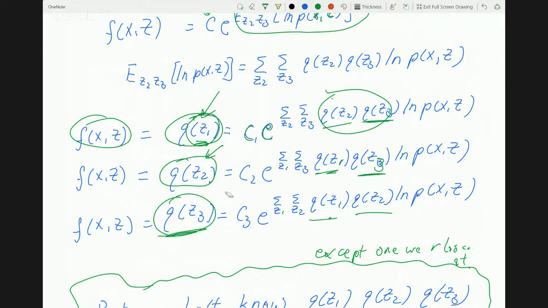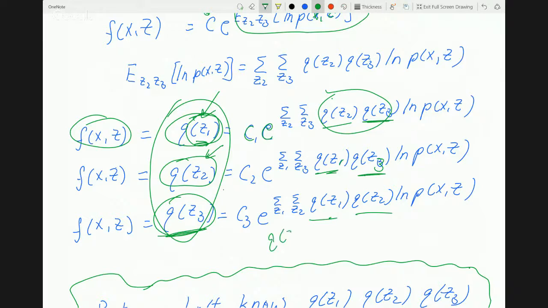Okay, so now we have a formulation that tells us each of QZ1, QZ2, QZ3. If we can find them, then we have QZ. Remember, QZ is equal to QZ1 times QZ2 times QZ3. So now we have a formula to find all three of them.